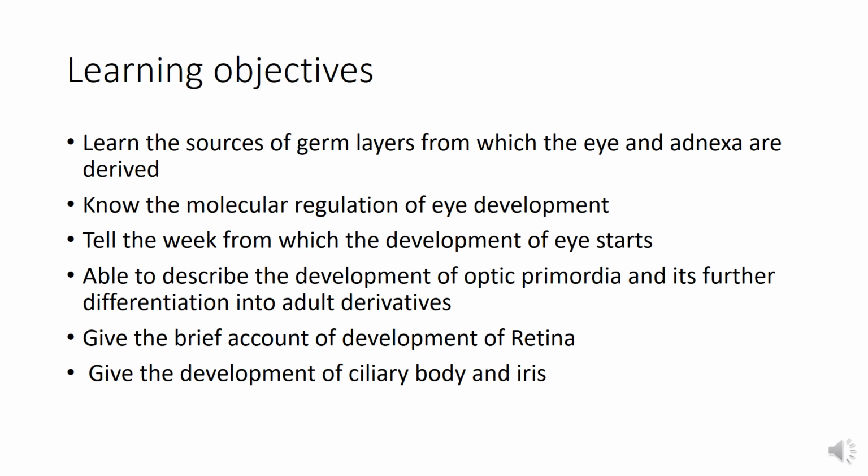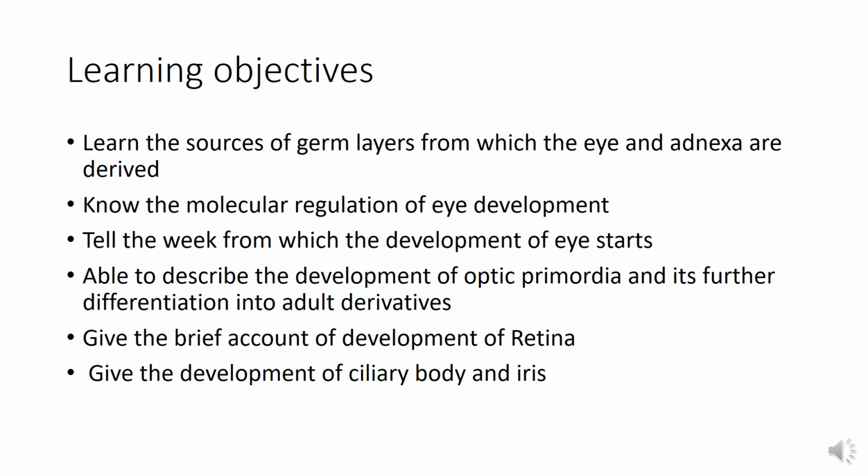The second learning objective is that you should know the molecular regulation of eye development, that is, how the eye development is regulated. Next, you should be able to tell the week from which the development of the eye starts and continues.